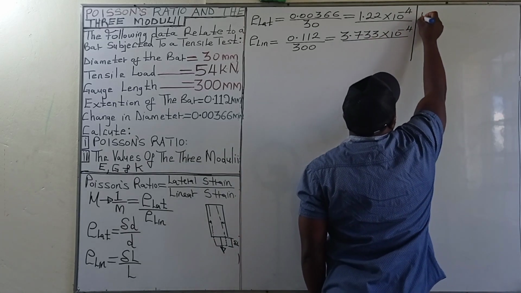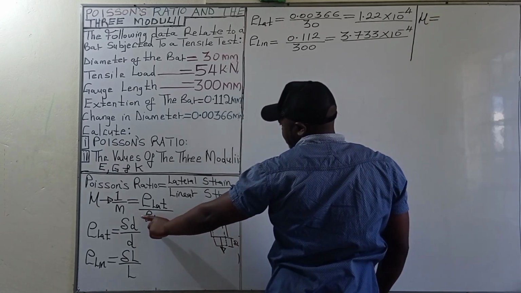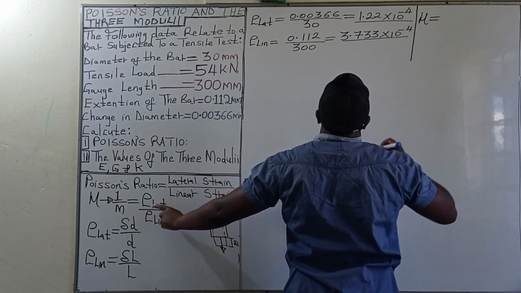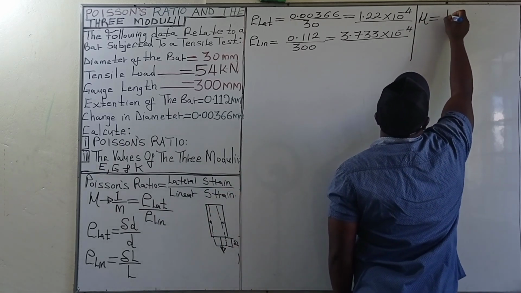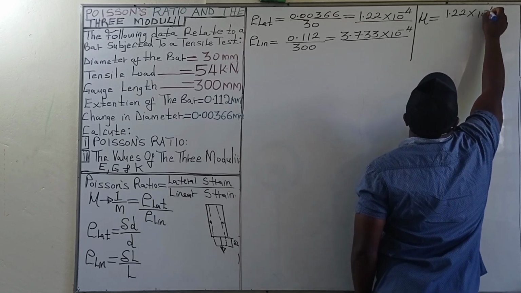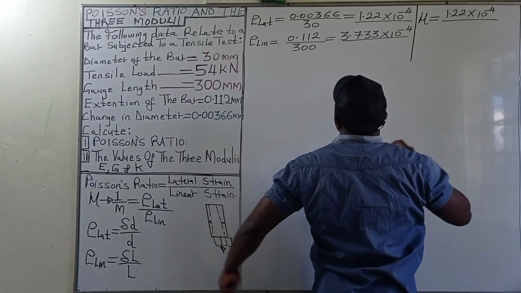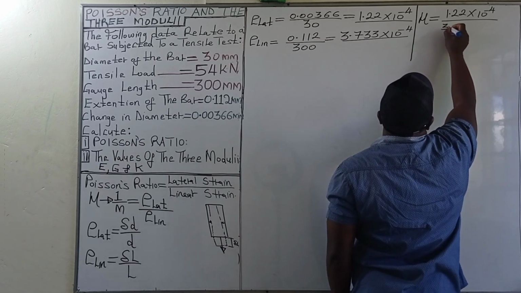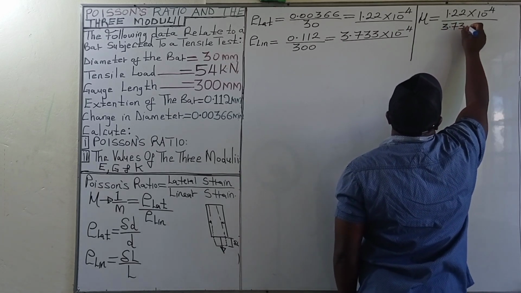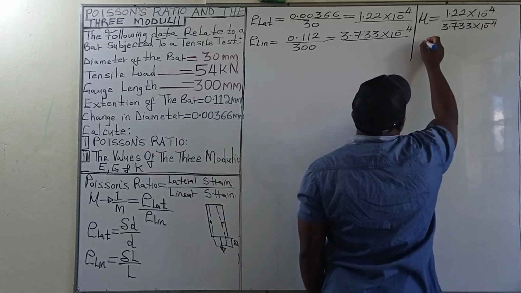The Poisson's ratio will now be given by the lateral strain, which is 1.22 times 10 raised to the power of -4, divided by the linear strain, which is 3.733 times 10 raised to the power of -4.